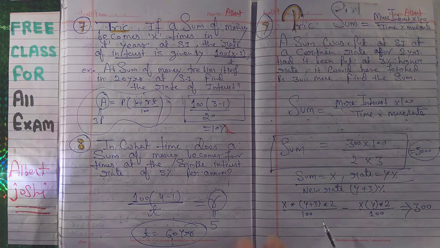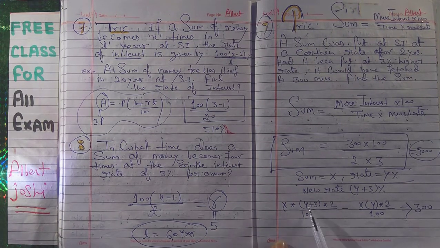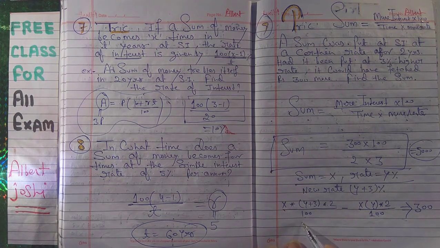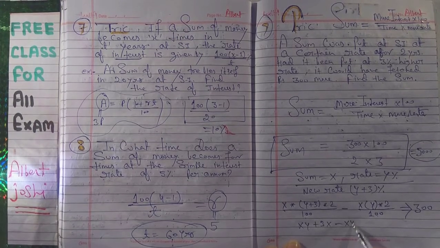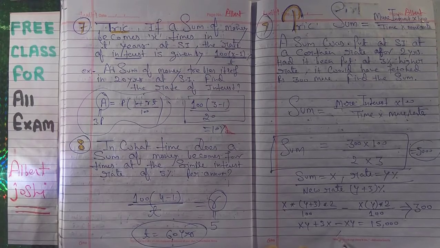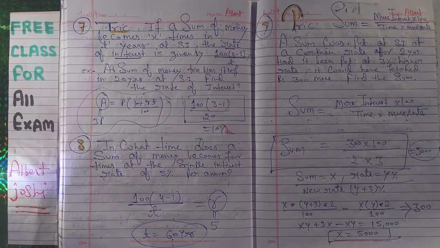Your xy will be cancelled, and if you calculate it, you will get xy plus 3x minus xy is equal to 15000. In this condition, your x is equal to 5000. Very simple.